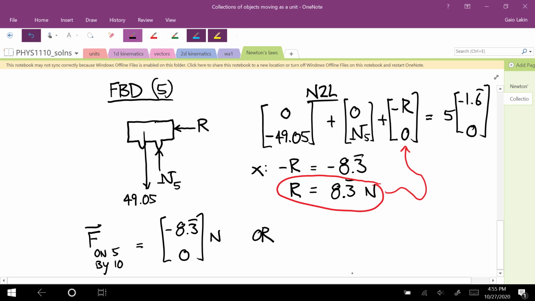Or another way to think of it is the magnitude of this force is 8.3 repeating, and that force is applied in the direction shown by the arrow in the free body diagram. So it's a force this direction with a magnitude of 8.3 repeating newtons.